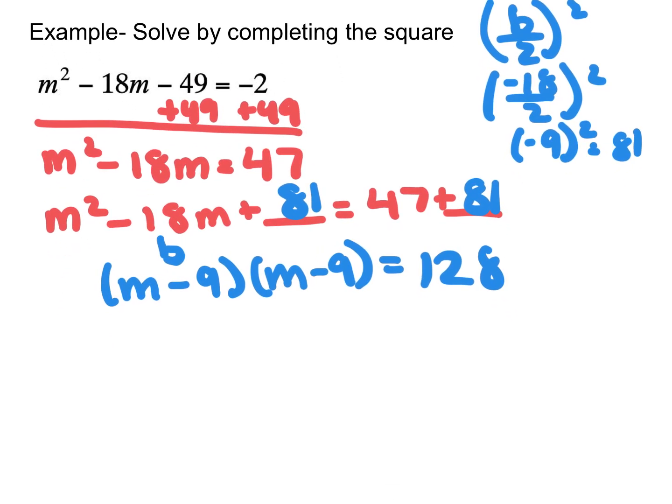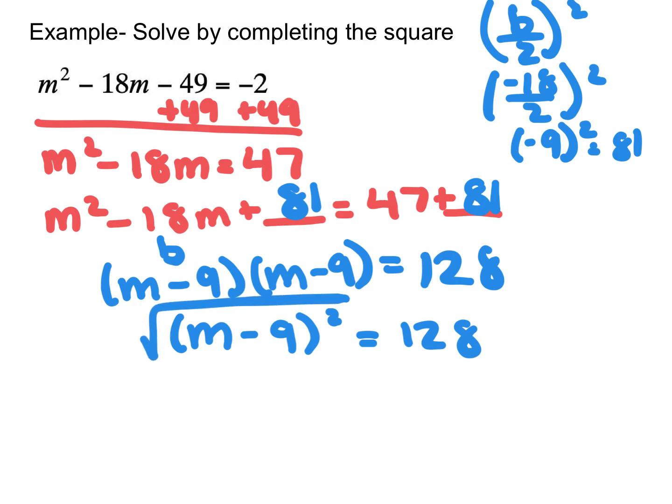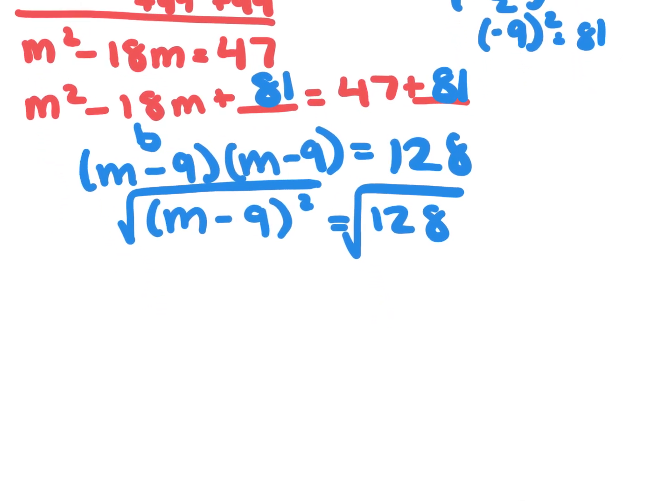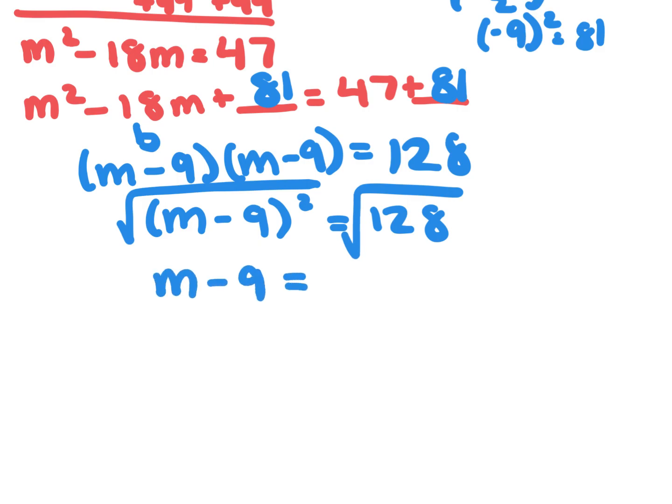And then if I keep going, m minus 9 times m minus 9 becomes m minus 9 squared equals 128. And now if I want to solve for m, because this is m minus 9 squared, I can take the square root of both sides to solve. And this is why it's called completing the square, and that allows us to solve. Because now I get m minus 9 equals plus or minus the square root of 128.